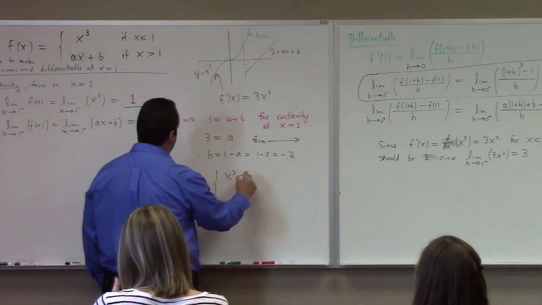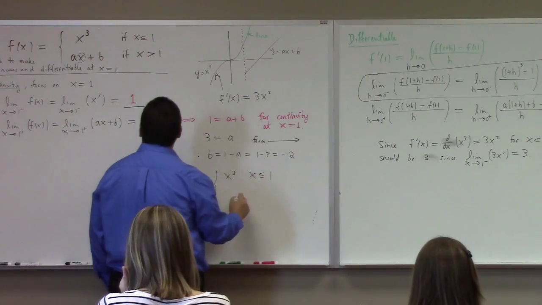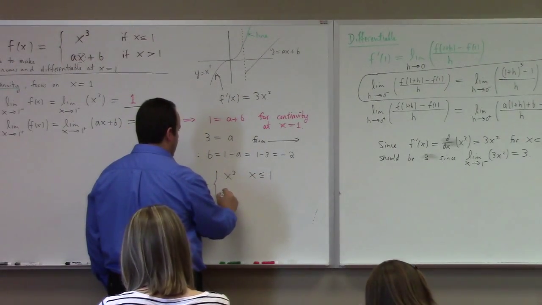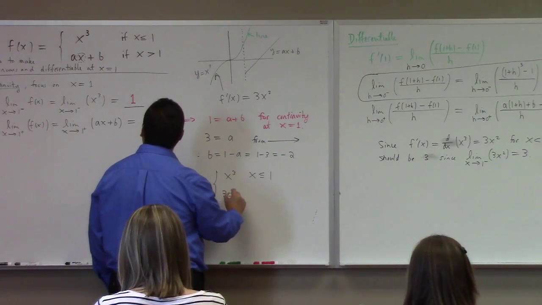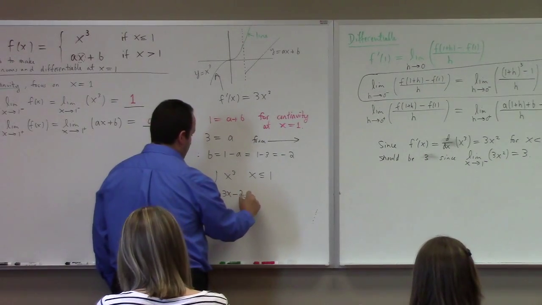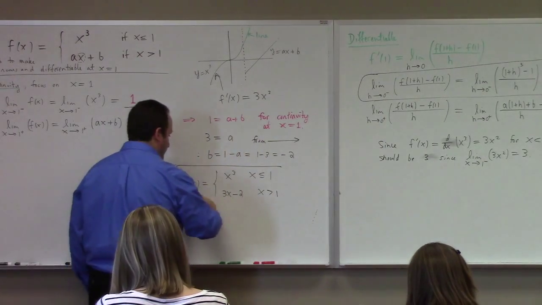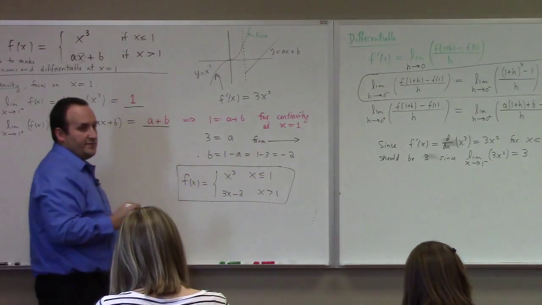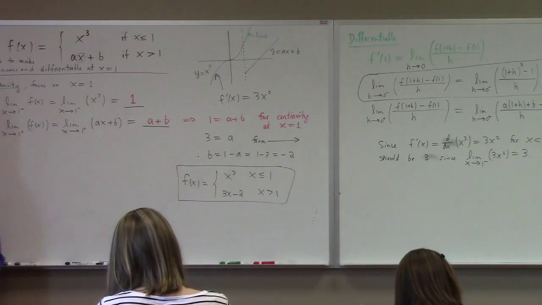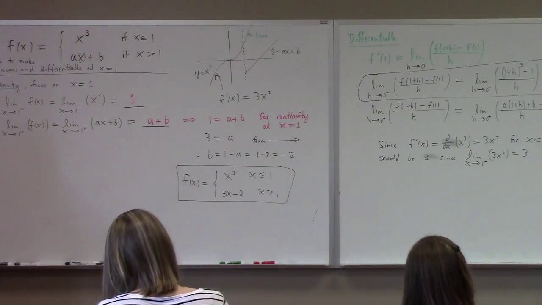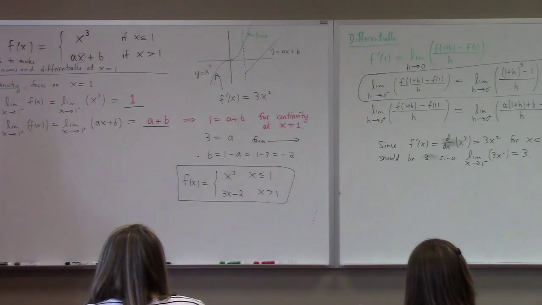You got x cubed if x is less than or equal to 1. We had no freedom over that, but the a and the b, we've got 3x minus 2 for x greater than 1. And there you go. That piecewise defined function is everywhere continuous and everywhere differentiable because we made the slope of the tangent on the different pieces match up.